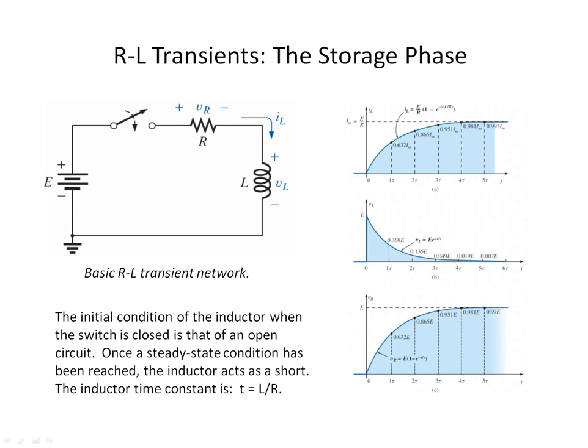So again, tau is equal to L over R. Looking at the plots on the right side, the very top one shows what is happening to the current. As stated in the previous slide, as the inductor is charging up, an electromagnetic field is being established, going from 0 to a certain height.